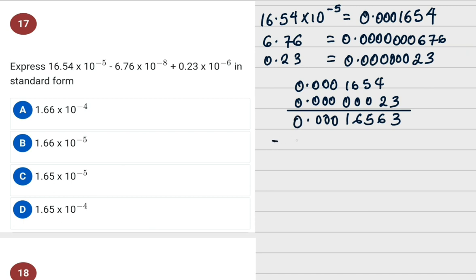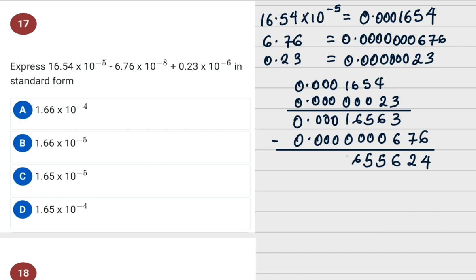Then we have minus 0.0000001 and so on, with seven decimal places. Now subtracting this, I'm going to have 0.0001655610.